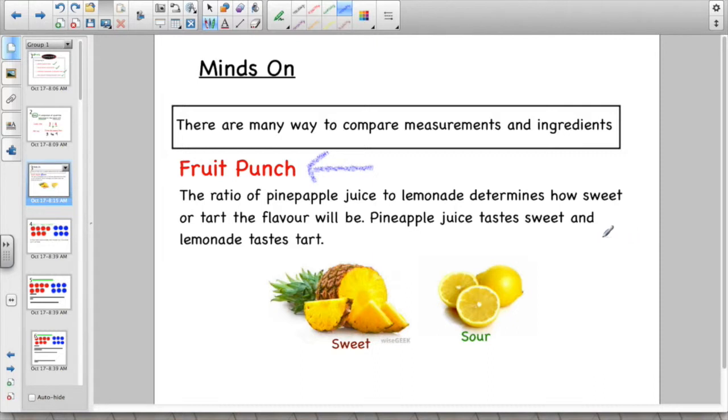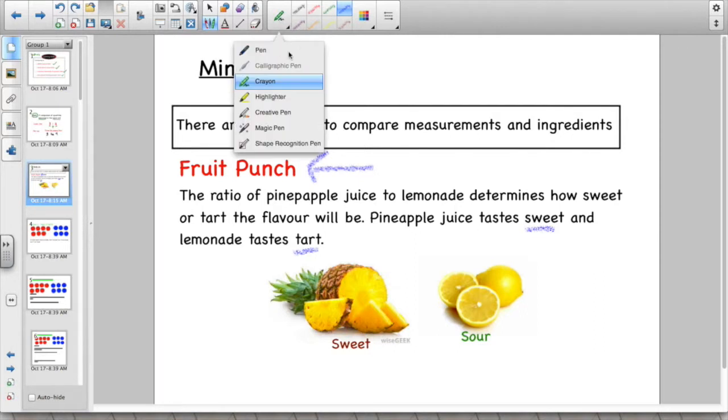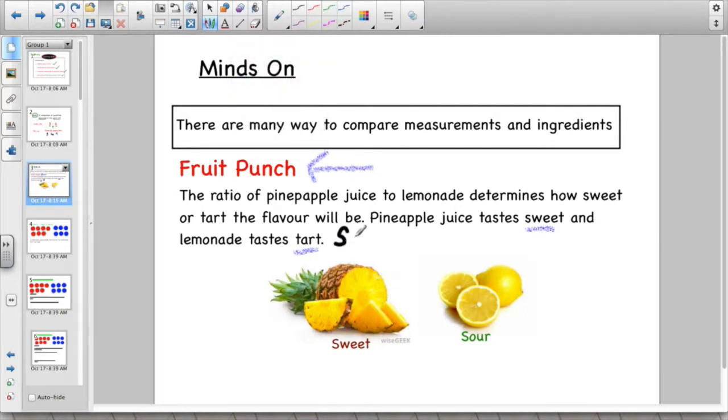Pineapple juice tastes sweet. We all know what pineapple juice tastes like, and lemonade tastes tart. Another word for tart is sour. And we all know that when we bite into a lemon and our face makes that funny face, well, that's what sour tastes like.